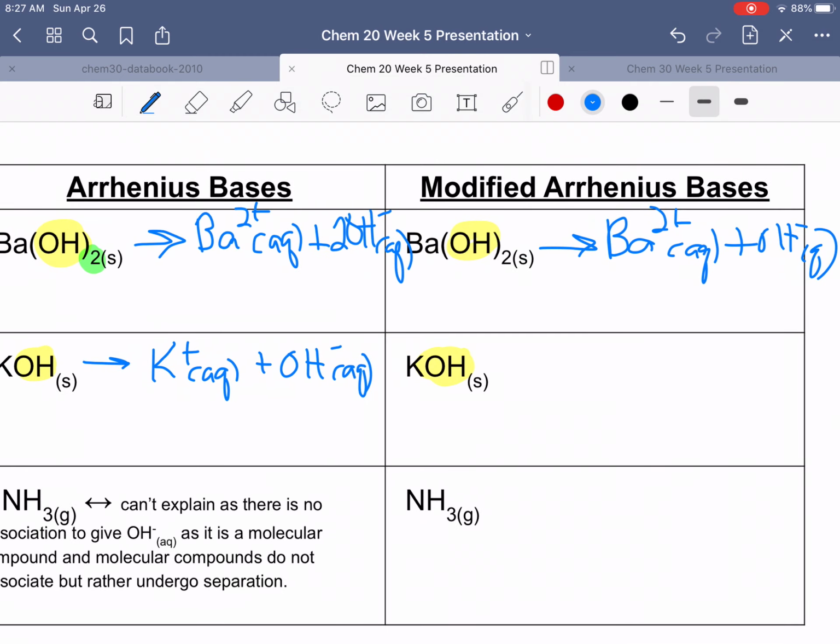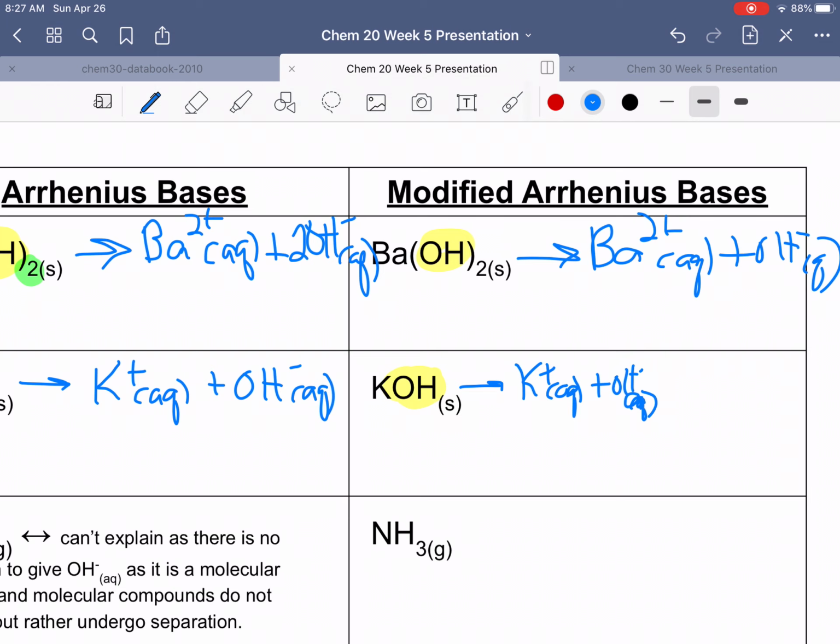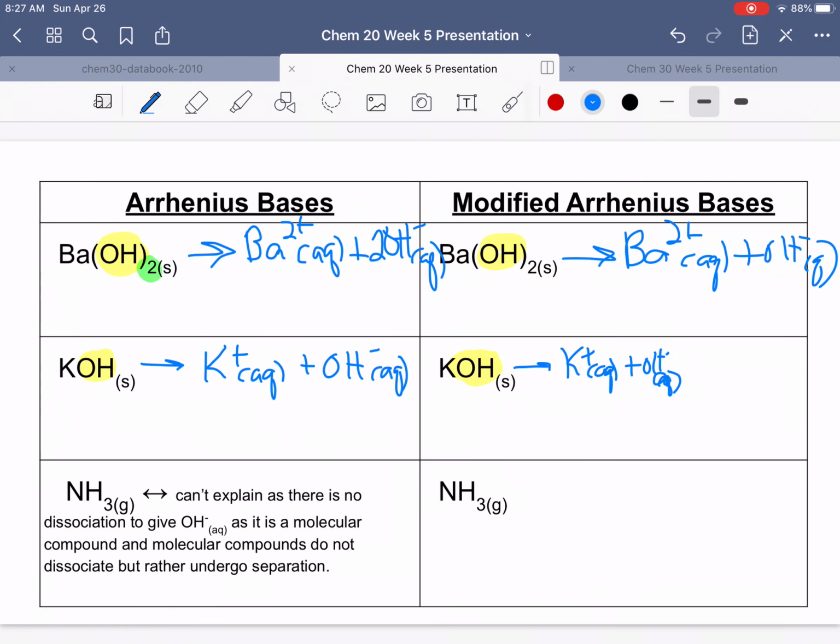And with the modified theory, it's identical. It dissociates to the K+ ion plus hydroxide. Done and done. Okay, no difference between the Arrhenius base and the modified Arrhenius base. If, as I mentioned before, you're dealing with simple dissociation, then they're the same.